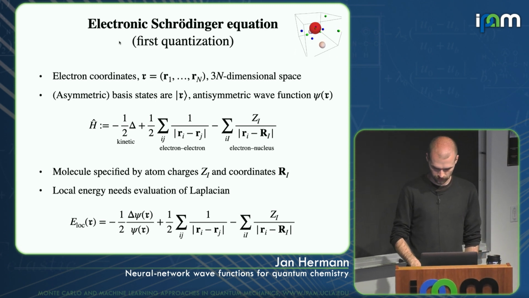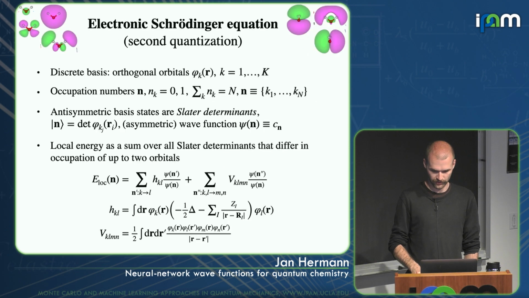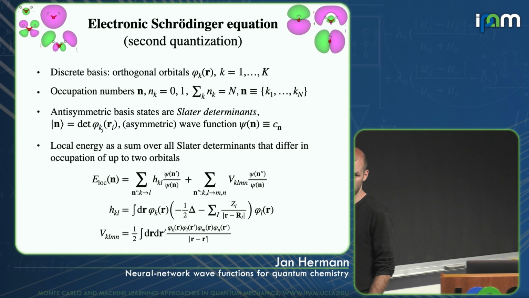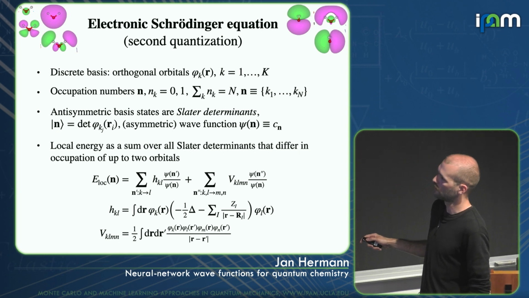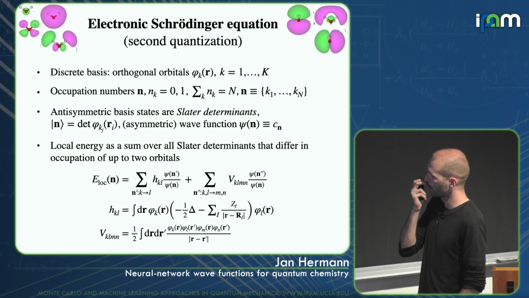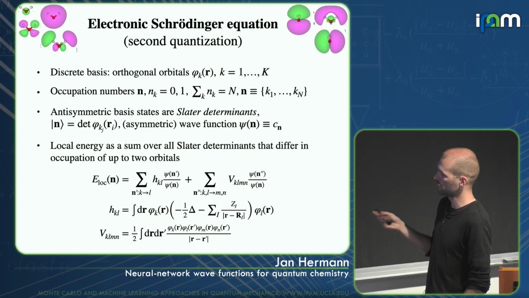Now, to also connect to what has been said in this workshop before, this is how we would do it in second quantization. You now have to pick the discrete basis, and practically you pick some molecular orbitals that are orthogonal to each other. So some examples here for water. And you say, okay, I have occupation numbers now. So instead of saying where the electrons are, you say which orbitals are occupied.